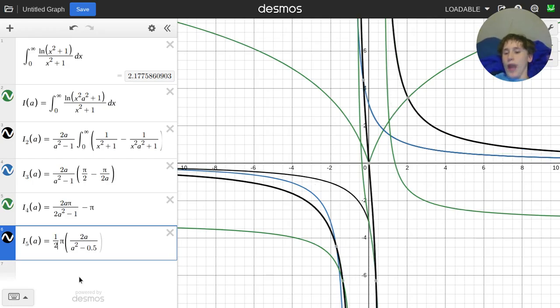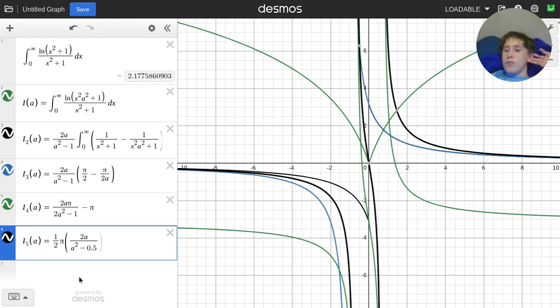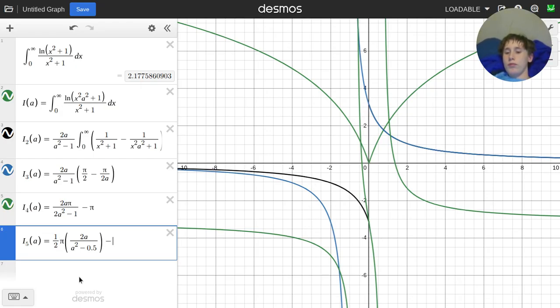So half of that is a distribute, and then minus pi. That can't be right.